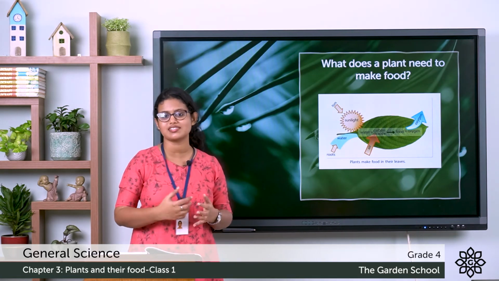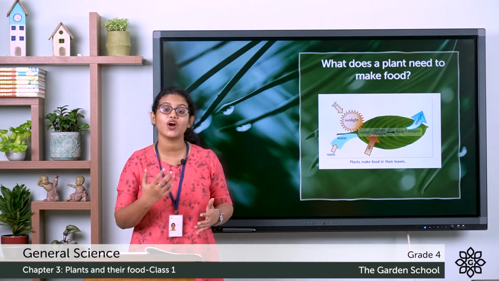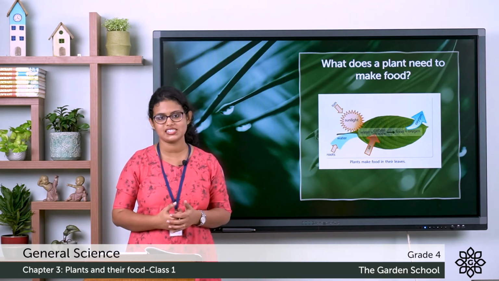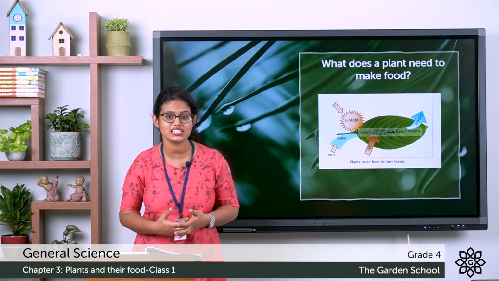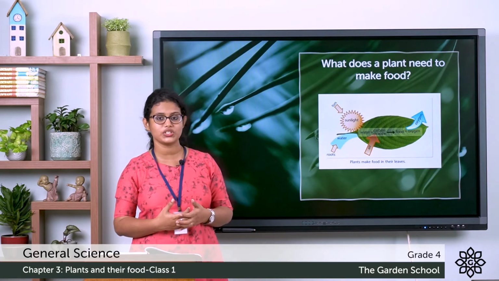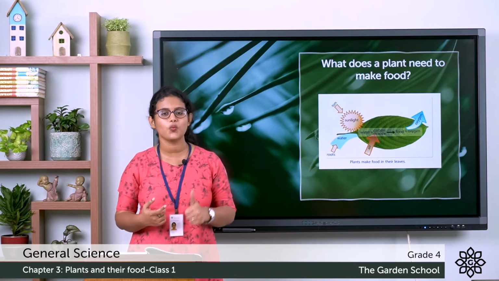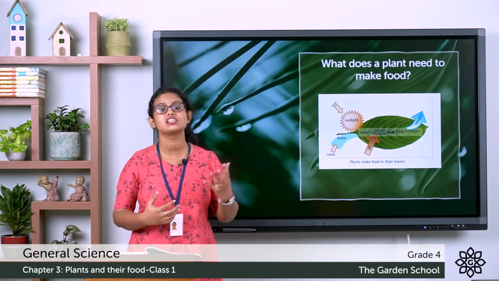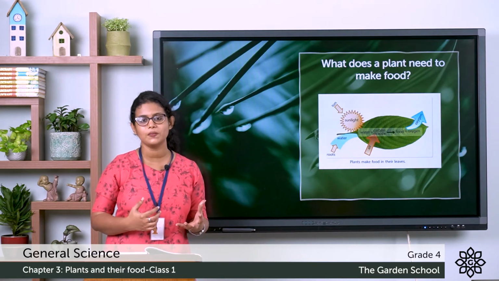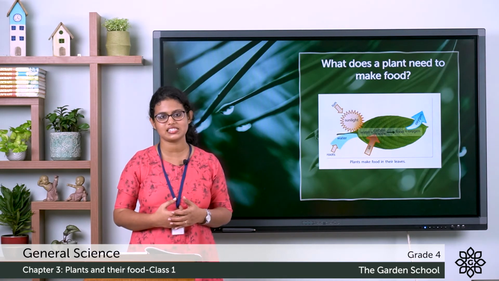And that process of making food by using these things, we call it photosynthesis. Have you all heard this term, photosynthesis? It is a process by which plants make their food by using water and carbon dioxide in the presence of sunlight and chlorophyll.